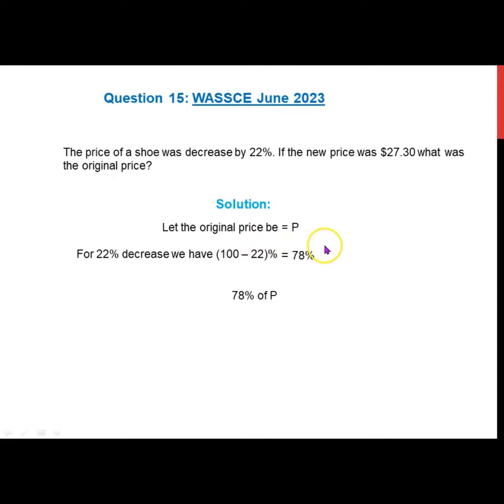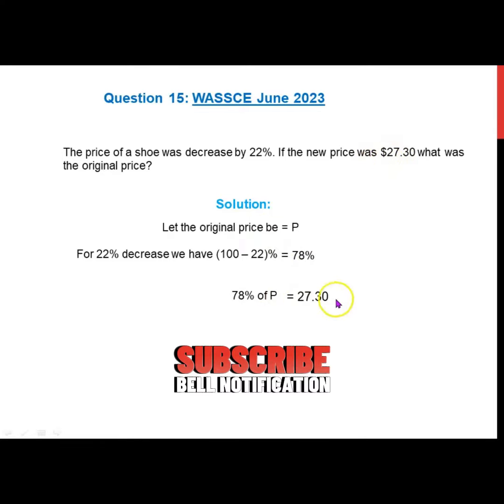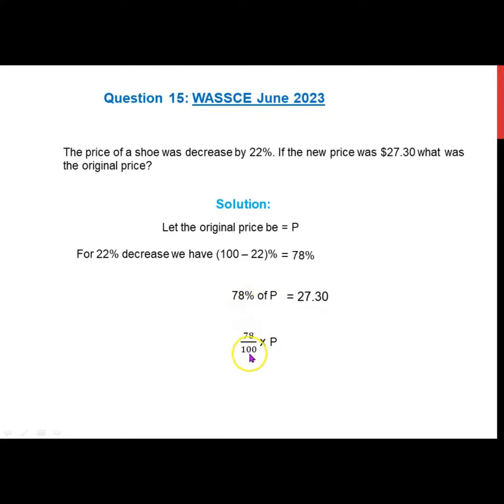Now, 78% of the original price, which is P, will be equal to $27.30. Now we see that 78%, which is 78 over 100, multiplied by P, the original price, will be equal to $27.30.